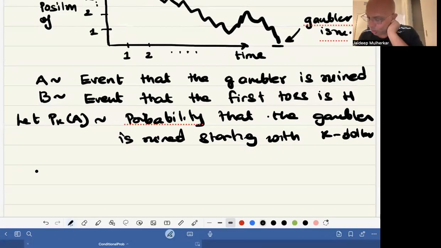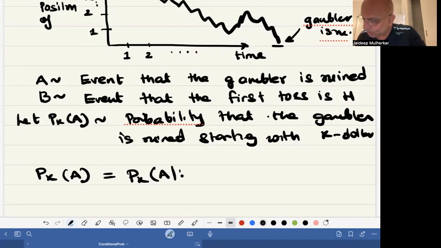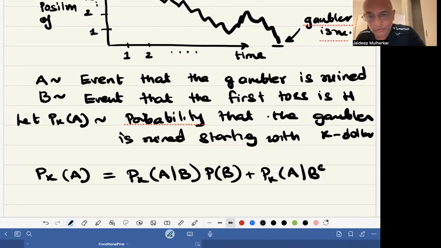And I'm going to use the law of total probability to write Pk of A is equal to Pk of A given B times probability of B, plus Pk of A given B complement times the probability of B complement, which is the probability the first toss is a tail.